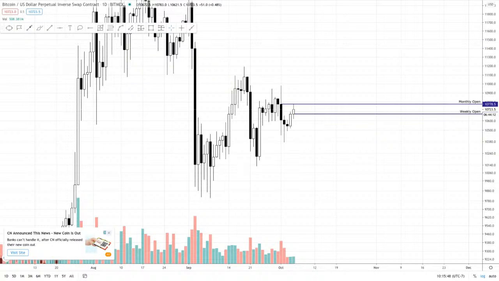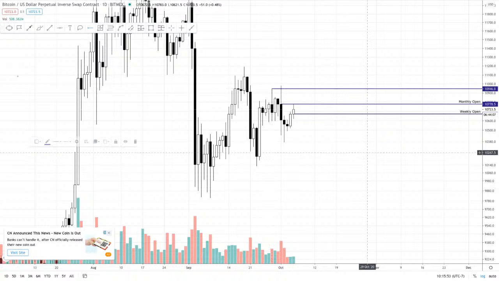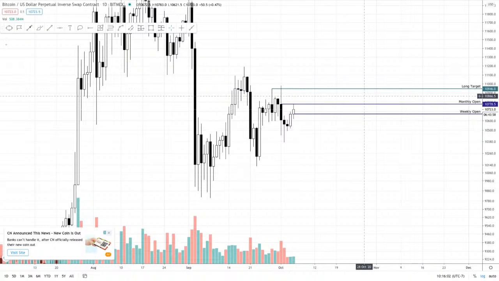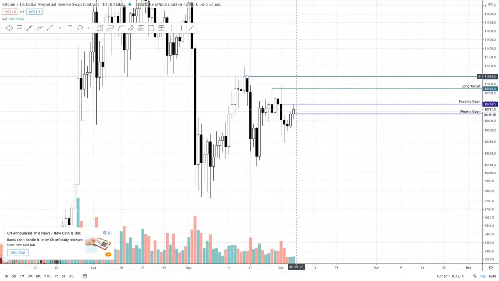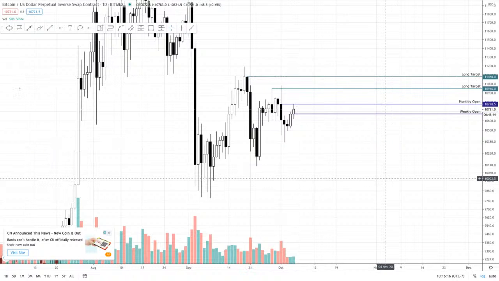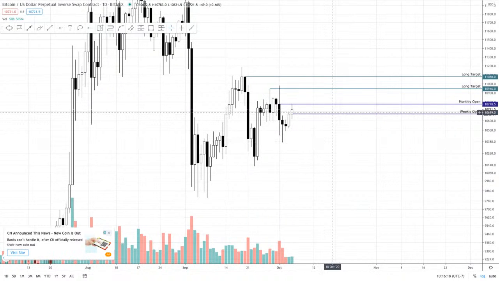So if we do go up, more than likely these wicks would be where we should be aiming to go. 10,946. 11,080. And 11,002.